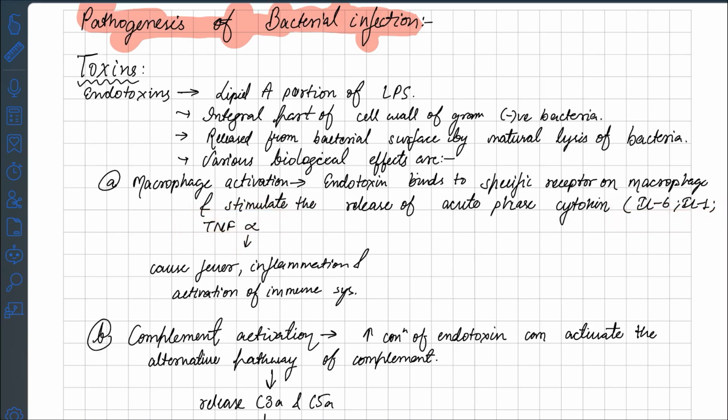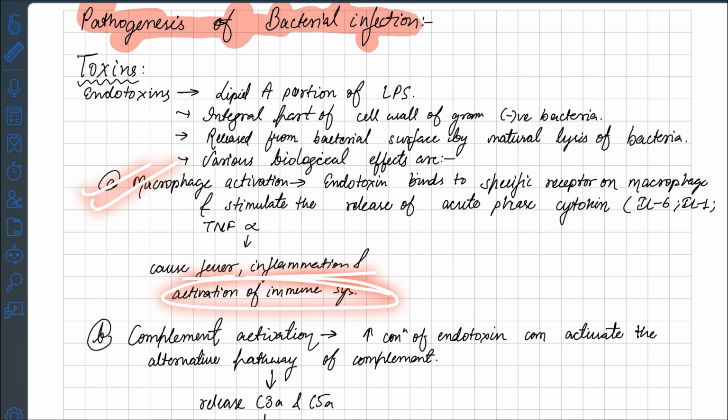So what happens is when this endotoxin binds to specific receptor present on macrophage, it causes release of these cytokines, that is interleukin 6, 1 and TNF alpha. These cytokines eventually cause fever, inflammation and activation of immune system.